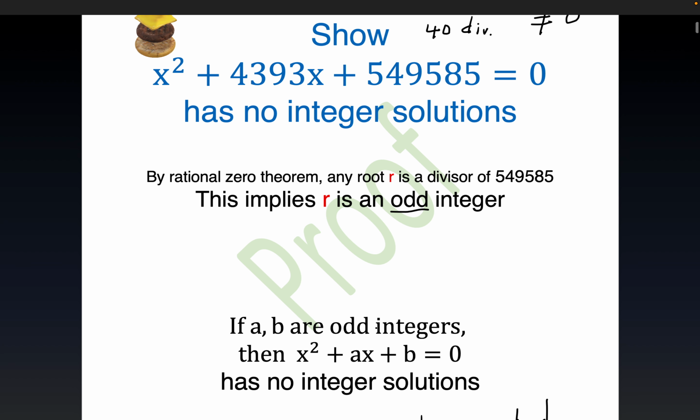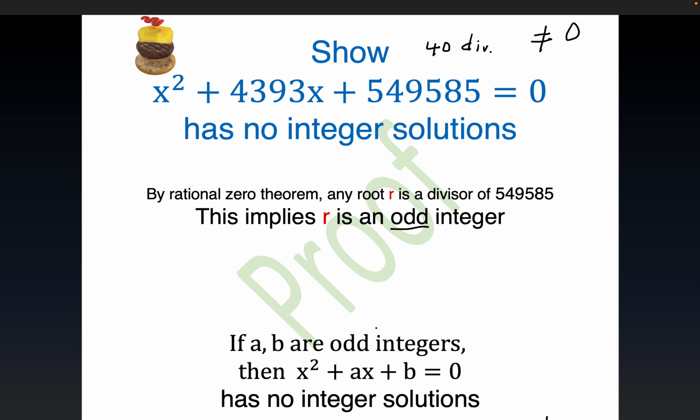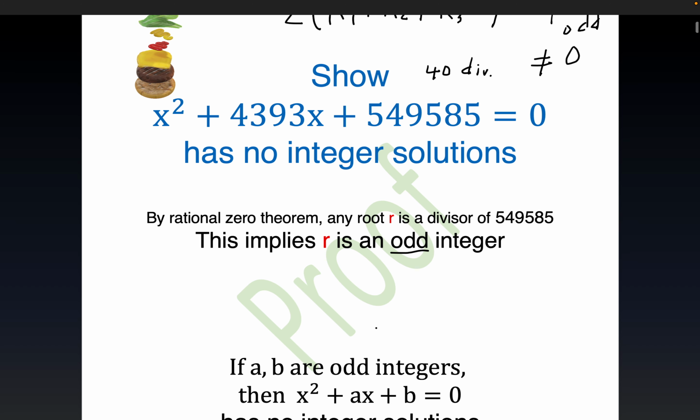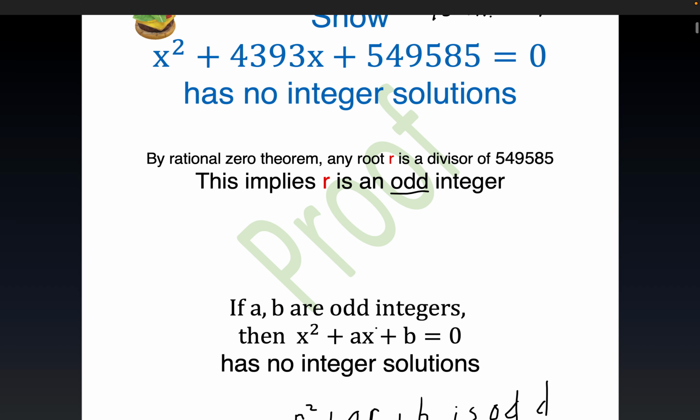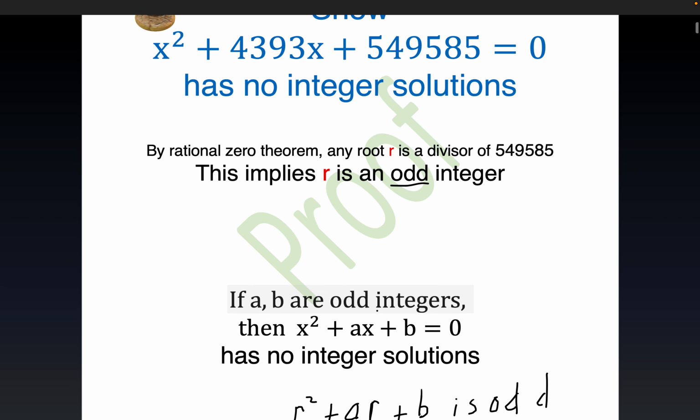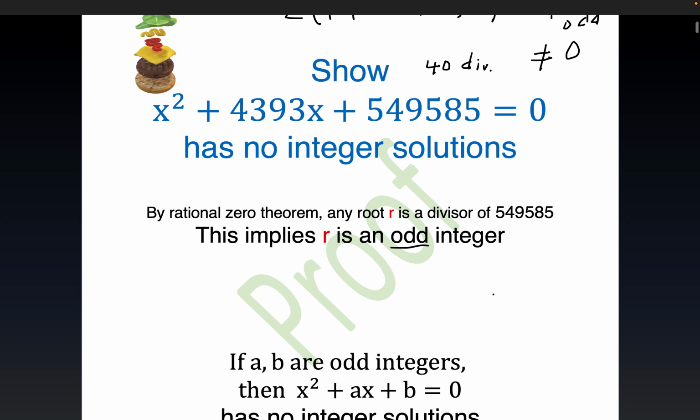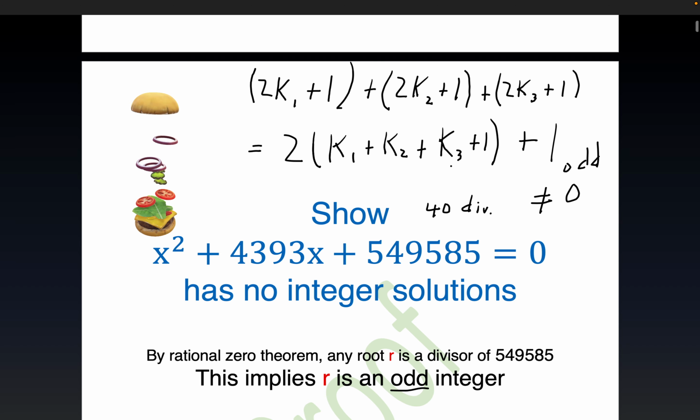Okay, so in other words, this is a nice example of looking at a special case with large coefficients, and then just proving something more general that fits this thing, no matter what the size of these odd numbers are. Okay, but this is the part I like the most right here, is that just the sum of any 3 odd integers, whether they're consecutive or not, cannot be equal to 0.